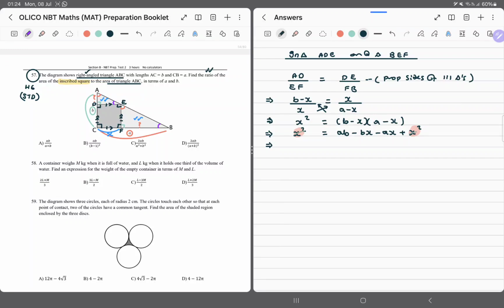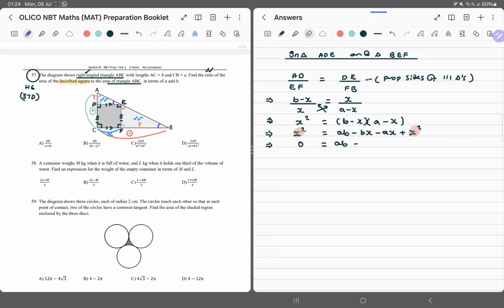So what we have here now, it's basically 0 is equal to AB. Now we can take out the common factor here. You can see that basically here, AX and BX have a common factor here. So let me see, what are we going to do now?